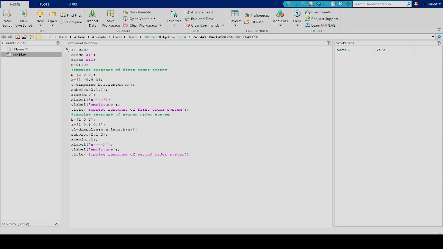For the amplitude, it stays at 0, and then at 9 it goes up to 1. And then for the impulse response of the second order system, 1 and 0.5 started at 0, 0, 2 and negative 0.5, then it alternates up to 10.